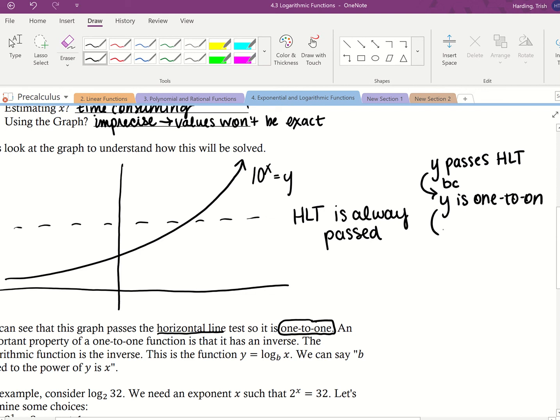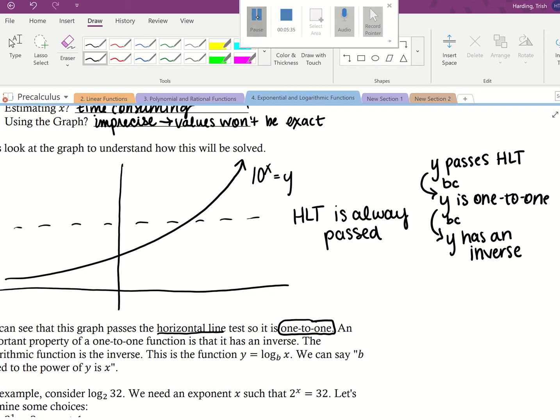And because y is 1 to 1, we know y has an inverse, because that's the whole point of the horizontal line test. So we know y has an inverse.